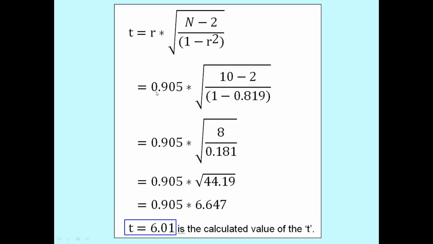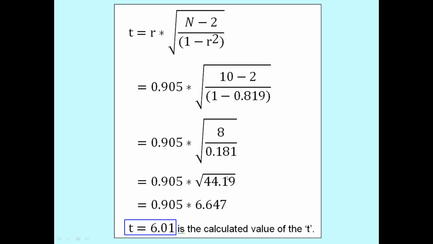So r is 0.905 into under root of, there are 10 pairs minus 2, divided by 1 minus explained variance r square, 0.819. We do this subtraction, that comes 8 divided by 0.181, and this division is done, and the answer is 44.19.